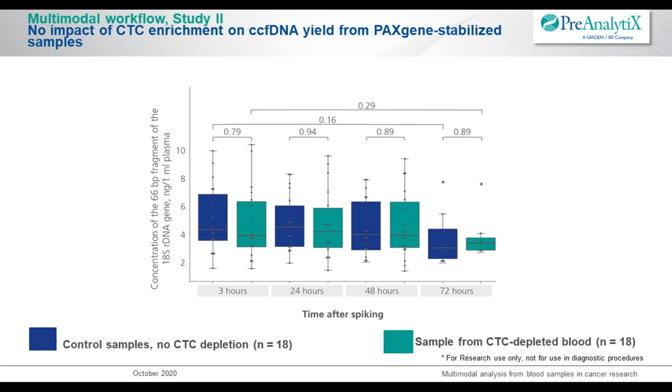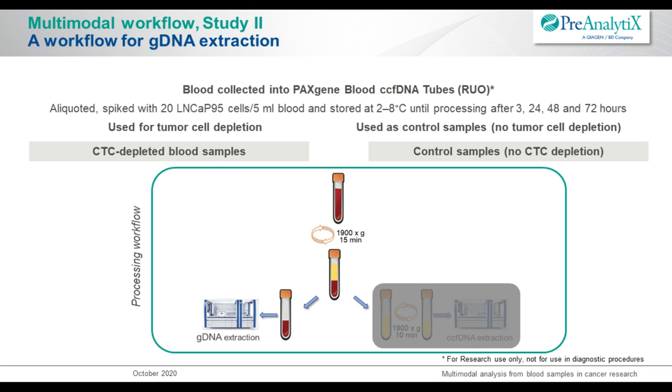What you see here with respect to the yield, on the y-axis the yield, and on the x-axis the different storage times, is that for both sample types you have no significant difference, so you can successfully isolate ccfDNA still after CTC depletion and enrichment from these tubes.